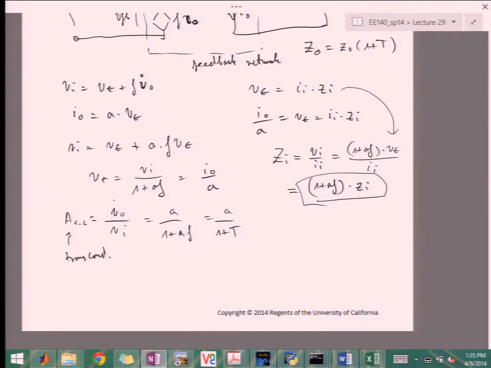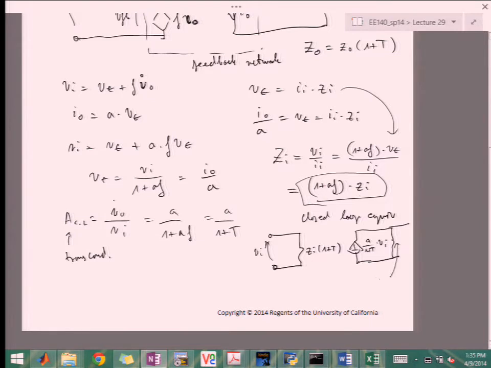The small signal model for the closed loop will be ZI times 1 plus T, and then here the current source A over 1 plus T times VI, and then we'll have the Norton output.